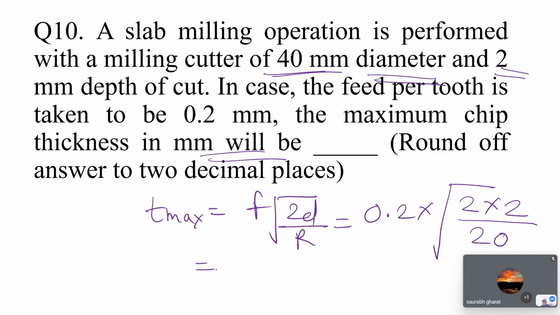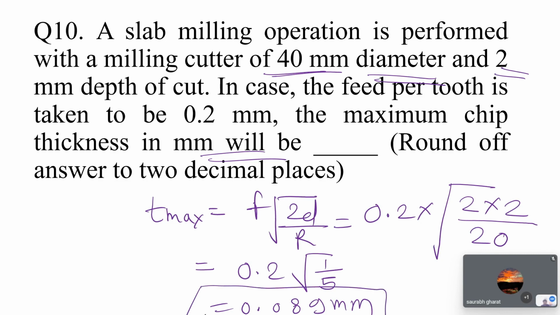You can simply find this: 0.2 into 1 by 5, because 4 by 20 is 1 by 5 actually, and the answer will be 0.089 millimeters. This is your final answer for T max.